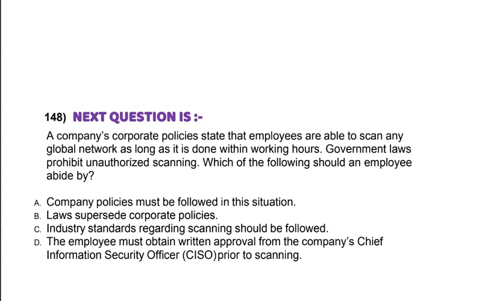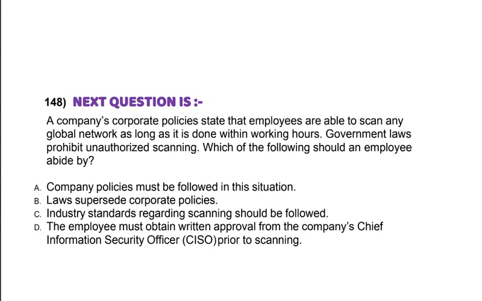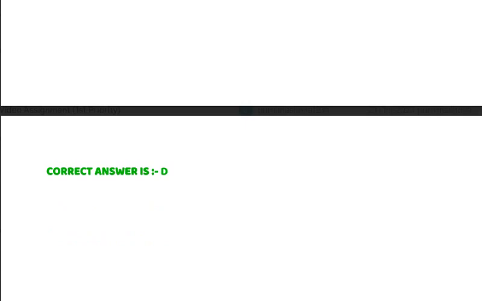Option B, laws supersede corporate policies. Option C, industry standards regarding scanning should be followed. Option D, the employee must obtain written approval from the company's Chief Information Security Officer, CISO, prior to scanning. Correct answer is option D.